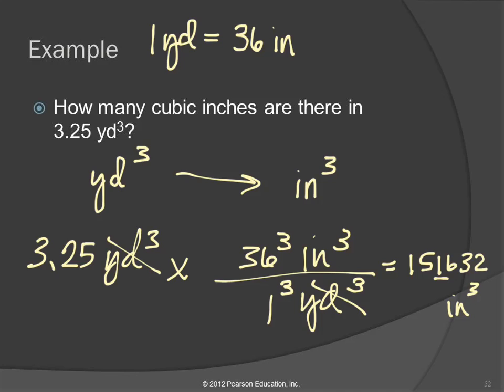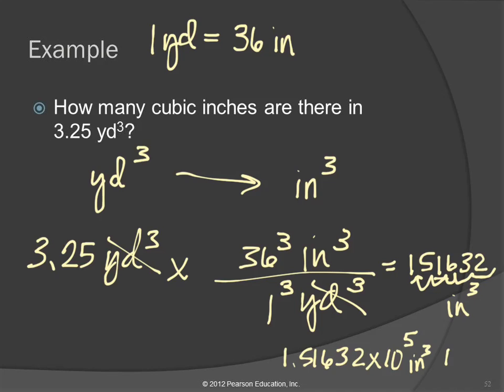When you're rounding up there, scientific notation first. So this is 1.51632 times 10. The understood decimal point was over here. 1, 2, 3, 4, 5 times 10 to the 5th cubic inches.